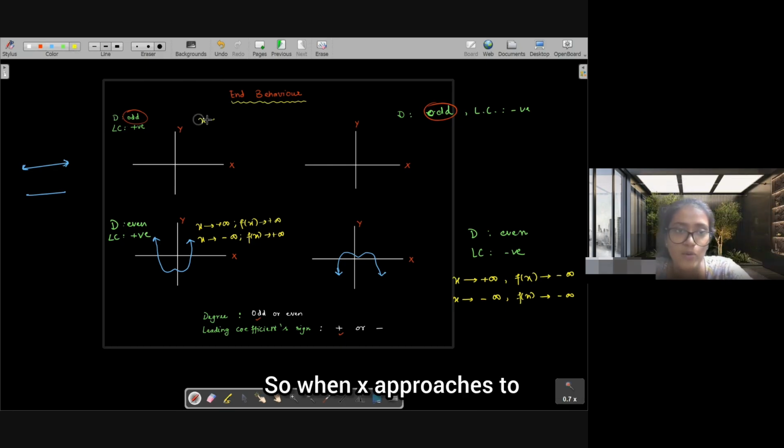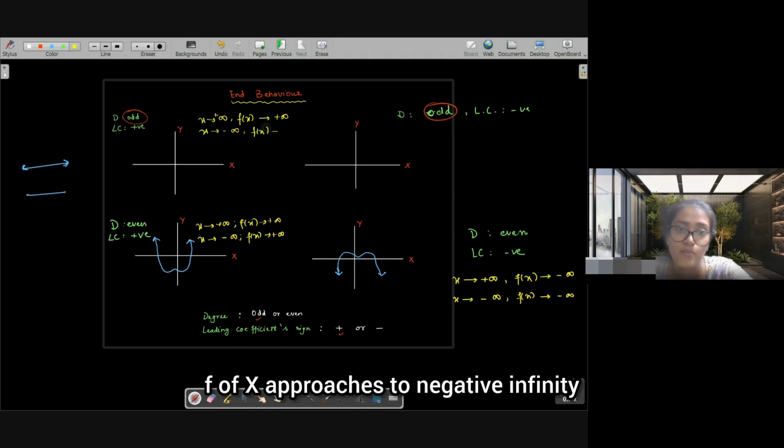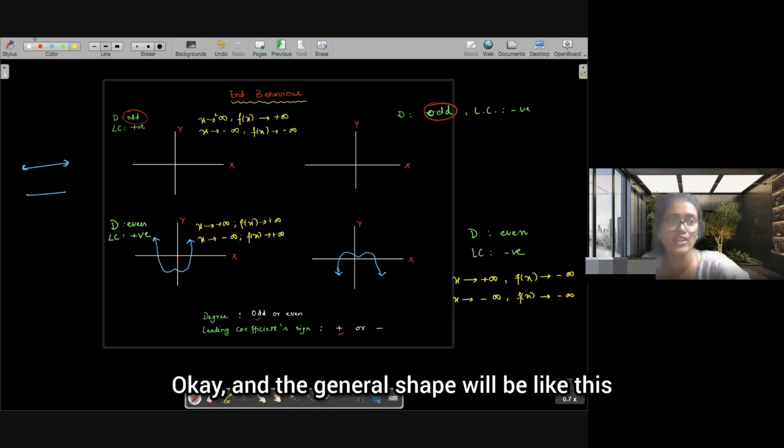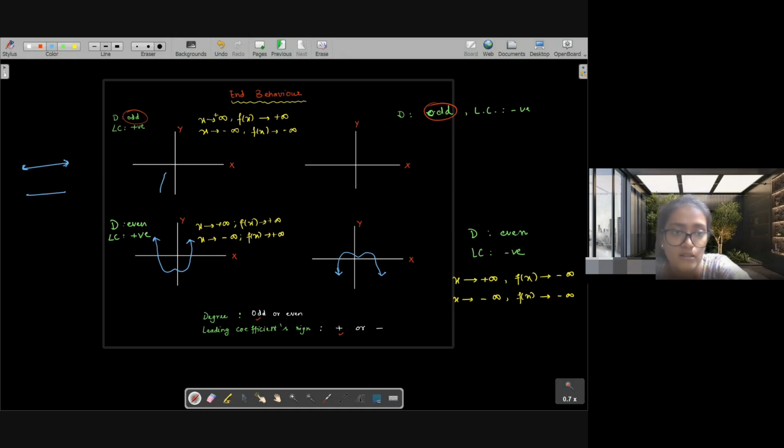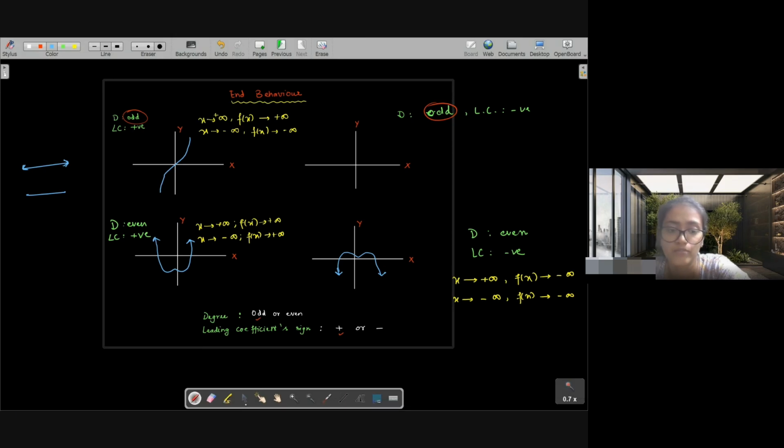When x approaches positive infinity, f of x approaches positive infinity, and when x approaches negative infinity, f of x approaches negative infinity. And the general shape will be like this. So you just have to remember the general shape, the blue shape.